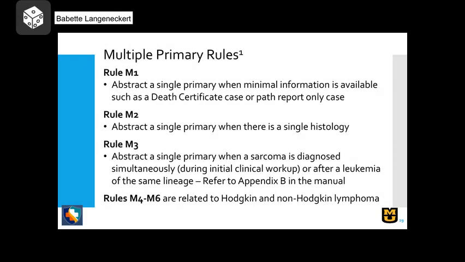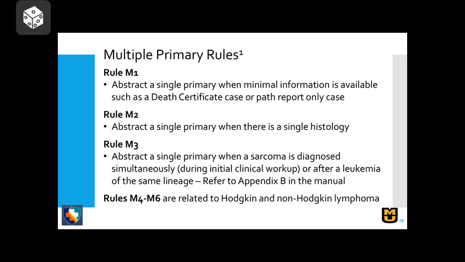Multiple primary rules. Rule M1. Abstract a single primary when minimal information is available, such as a death certificate case or path report only case. Rule M2. Abstract a single primary when there is a single histology. Rule M3.